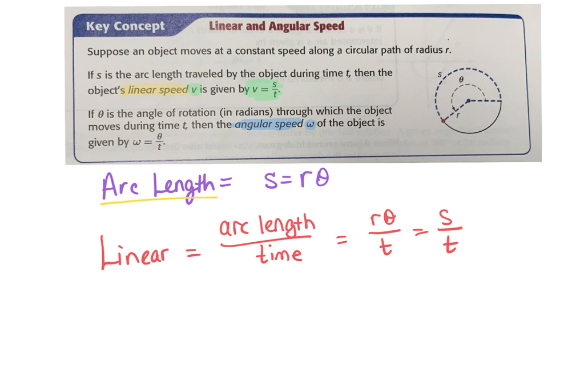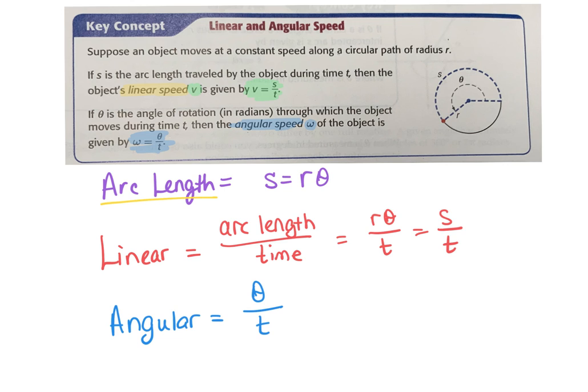This is theta, your angular measure in radians, divided by time. So if I want to talk about angular speed, it's just how far I went in radians divided by time. Very simple.